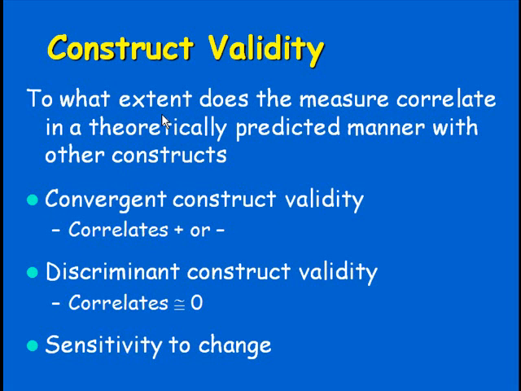All that means is that, say we're trying to establish the construct validity for a new depression scale, this new depression scale should correlate with things it should correlate with, either negatively or positively, and it should correlate close to zero with things that it shouldn't correlate with, okay?